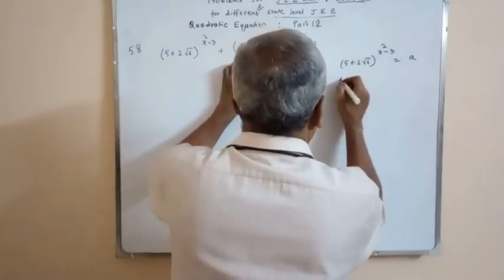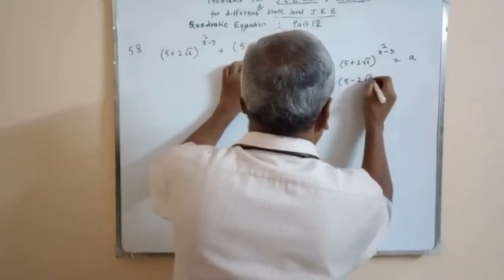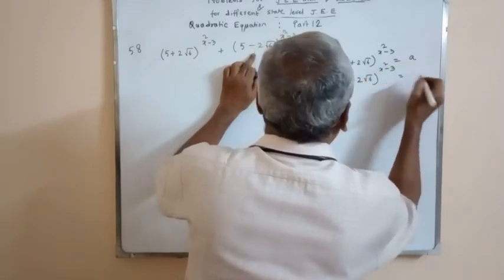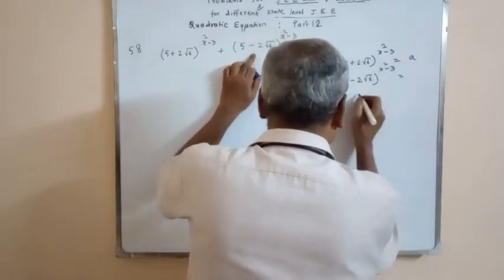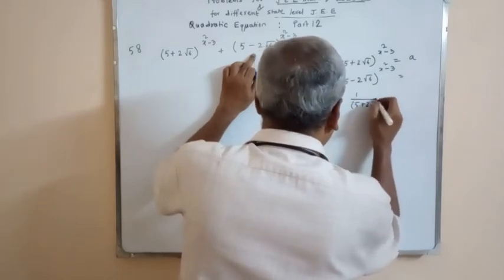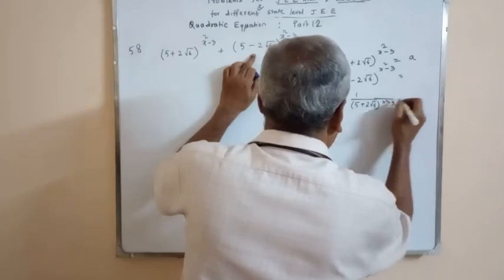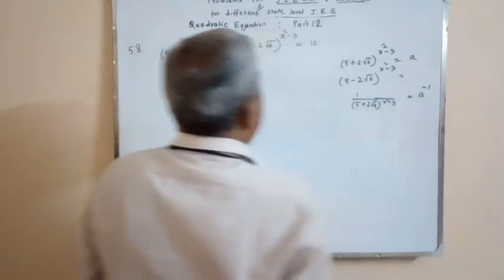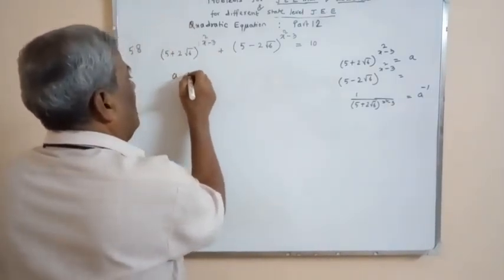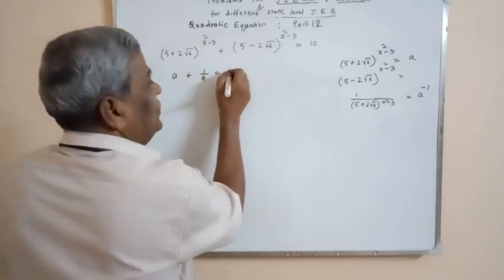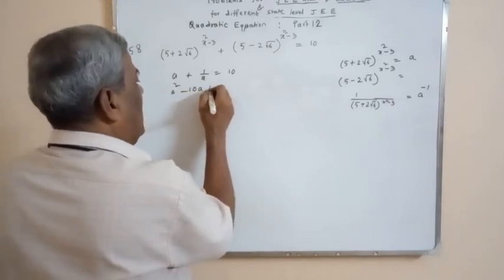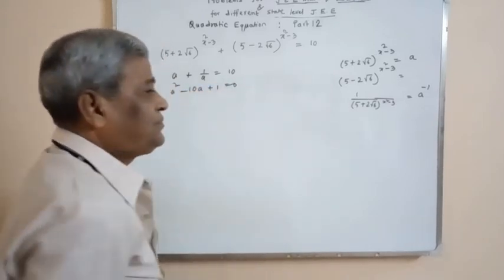Obviously, (5 − 2√6)^(x² − 3) is equal to 1 by (5 + 2√6)^(x² − 3), which is a to the power minus 1. So the equation becomes a + 1/a = 10. That is a² − 10a + 1 = 0.